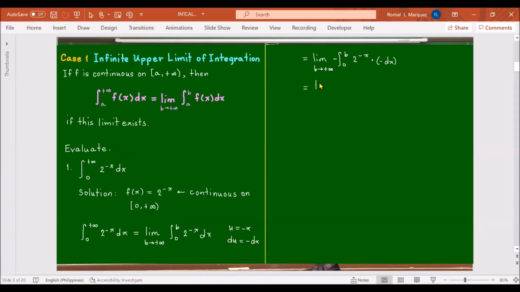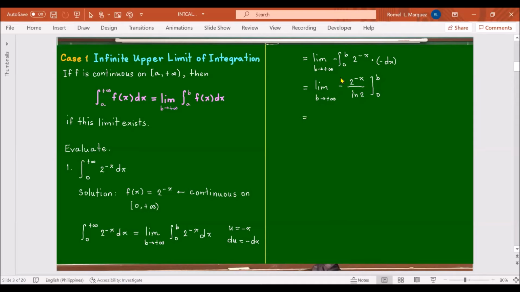So giving limit as b approaches positive infinity, this is equal to negative a to the u over ln a, that is 2 to the negative x over ln 2, evaluated from 0 to b, okay?